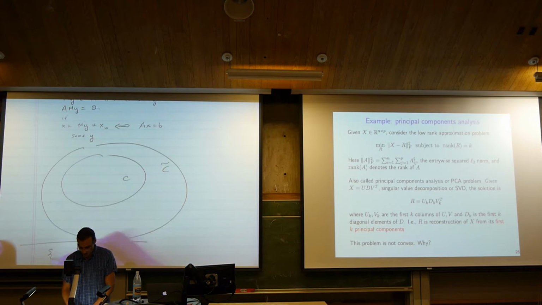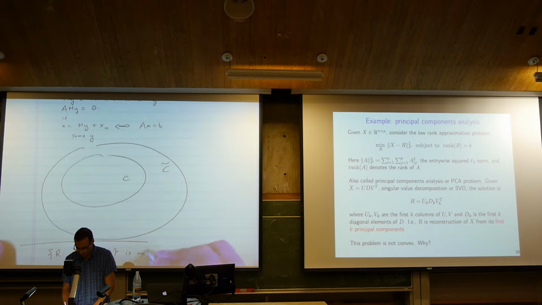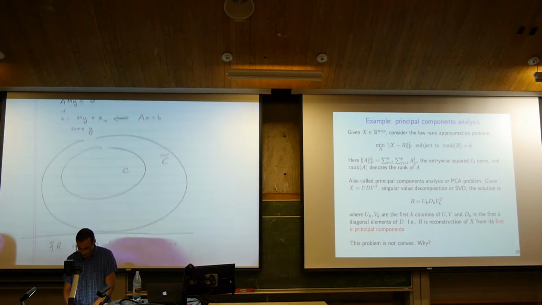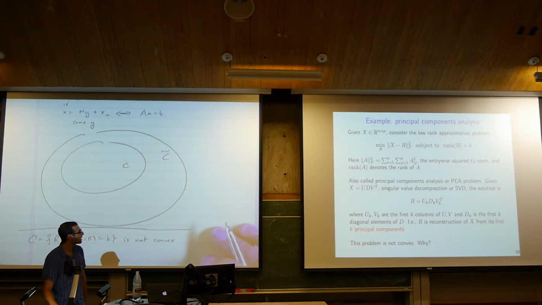The set of all matrices R, such that rank R equals k, is not convex. Take A and minus A. Yeah, that's a good example. So suppose I have A, so let's just call this set C. Let's suppose A is in C, so it's a rank k matrix.